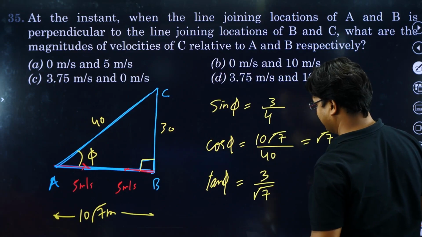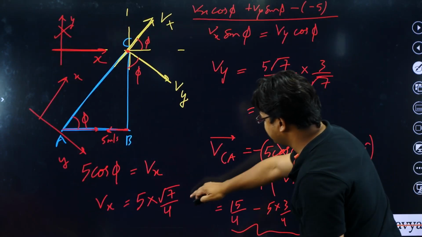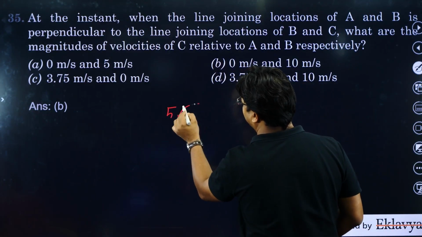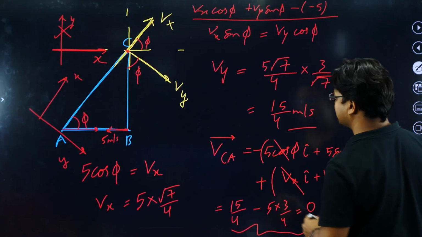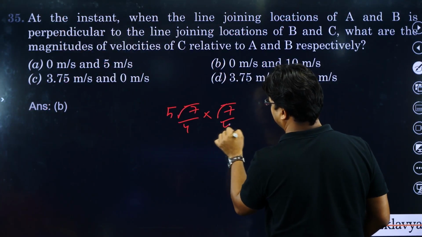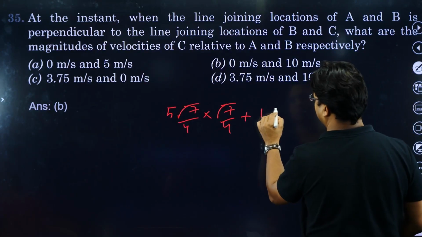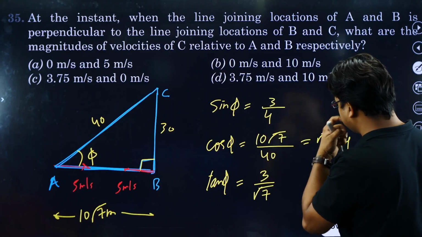Now we have to find Vx cos phi. Let me do it here. Vx is 5 root 7 by 4 into cos phi. Cos phi is root 7 by 4, plus Vy. Vy is 15 by 4 into sin phi. Sin phi is 3 by 4.